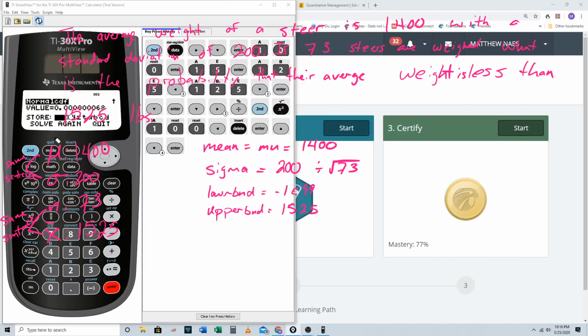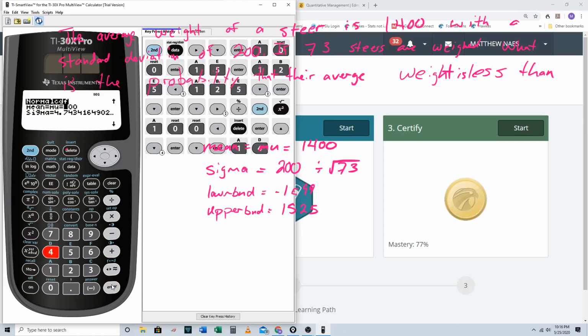All right, so let's get rid of some of this that we don't need, so I can see the buttons. So solve again. The mean was 1,400. This was 200 divided by the square root of 73. We're going to leave that as -1E99.